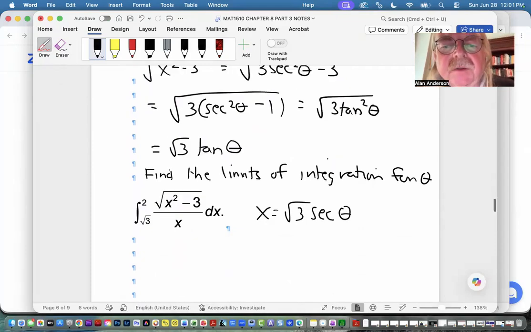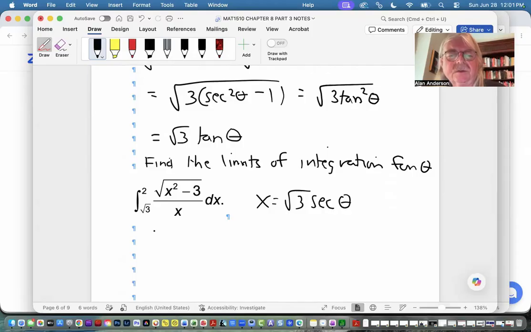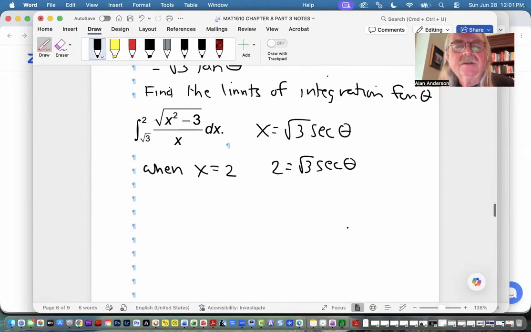All right. So when x equals 2, that implies that 2 over radical 3 is the secant of theta.